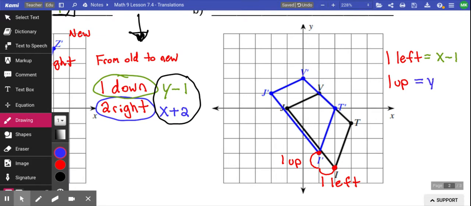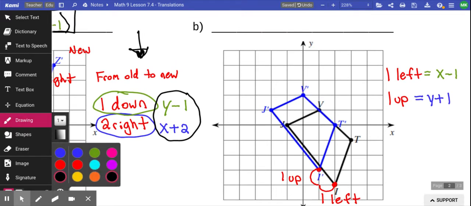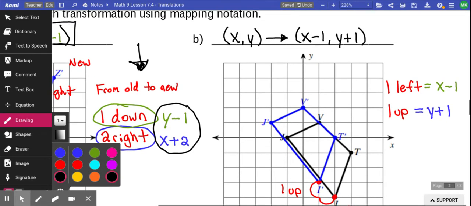Y values go up and down. Because it's up, it's plus, and then it's 1 unit, so it's +1. To write this out as mapping notation, I always have to say, okay, you started with X and Y coordinates. You moved every X and Y coordinate from X to X minus 1, and then from Y to Y plus 1. And that's your mapping notation.